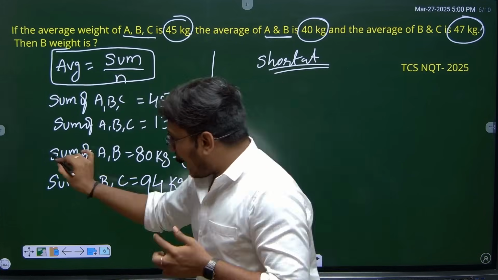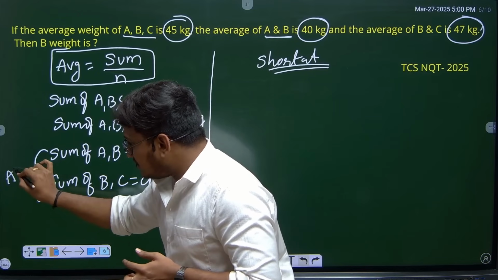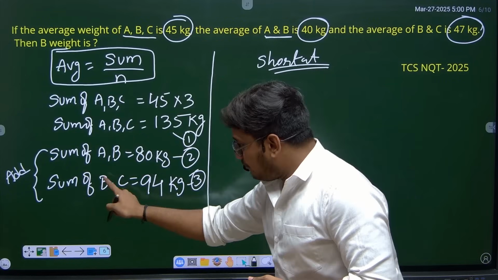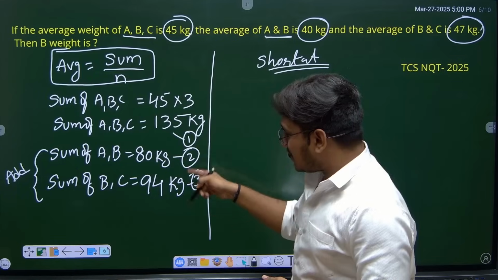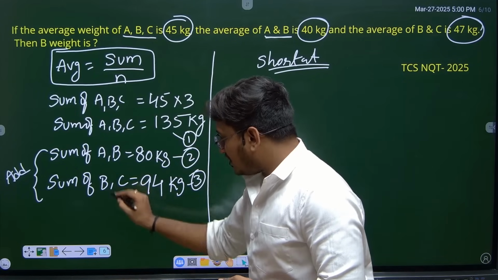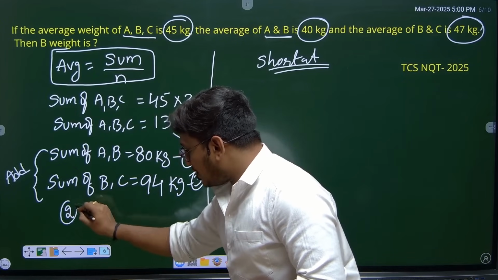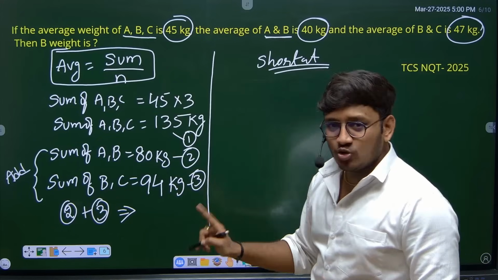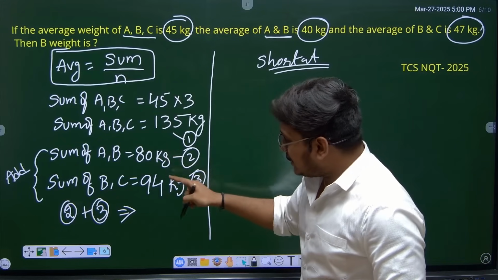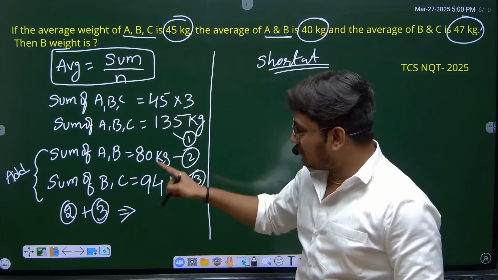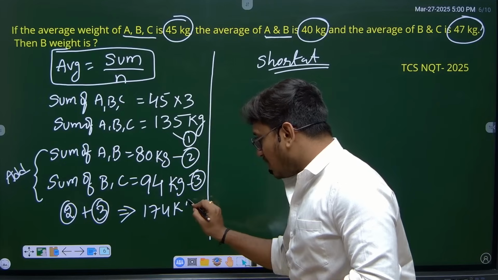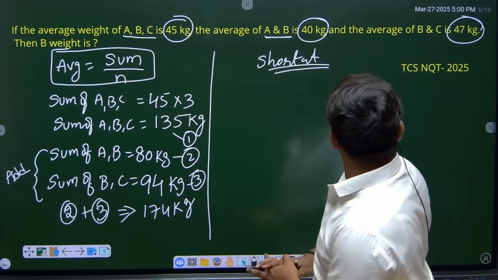Now if you add these two equations, equation 2 plus equation 3, 80 plus 94, 174 kgs you will get. I think it is correct, right?